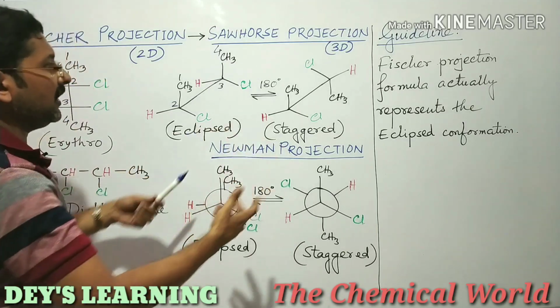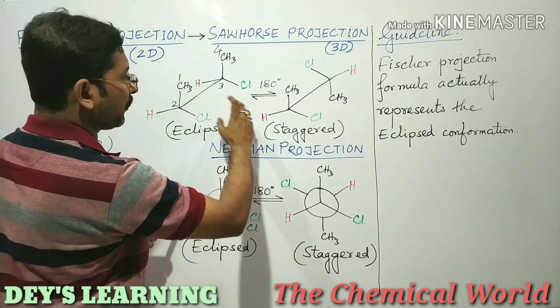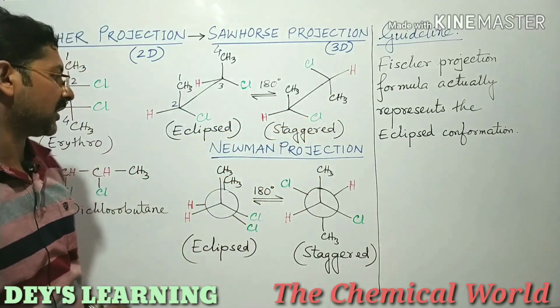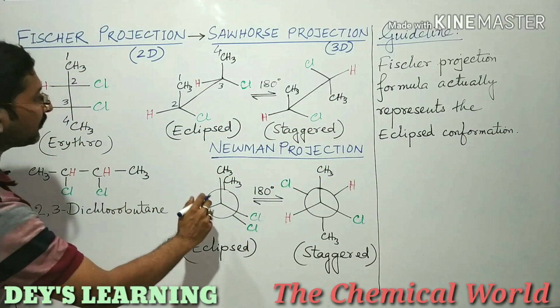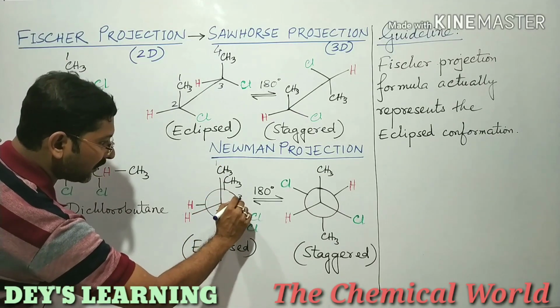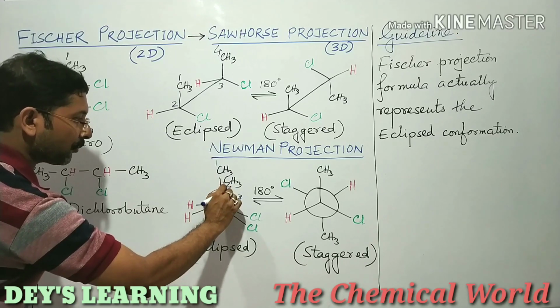And if we convert the eclipsed conformation by simple rotation of 180 degree, we can have the staggered conformation. Similarly, this is your carbon number 1, this is your 2, this one is 3, that is the back carbon, and this one is the 4.